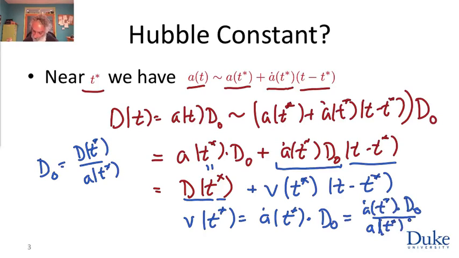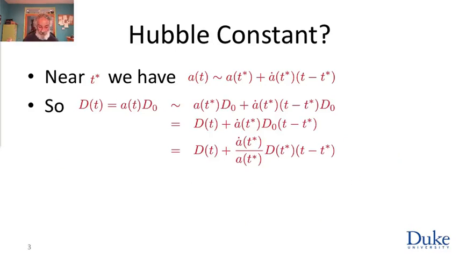Oh, look, now times d of t star. And now we have what we wanted. We have the recessional velocity at time t star given by something times the distance at time t star. We identify this object as the Hubble constant that they would have measured for the reasons we just specified if they made measurements of the Hubble constant at their time.